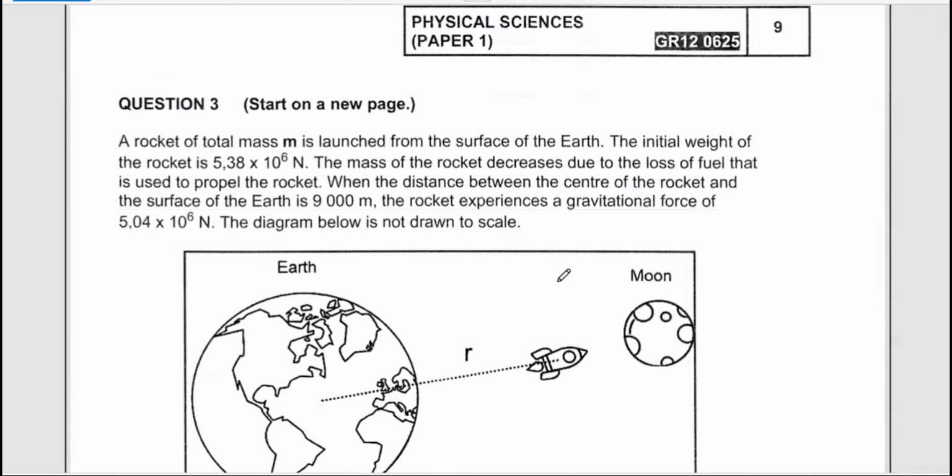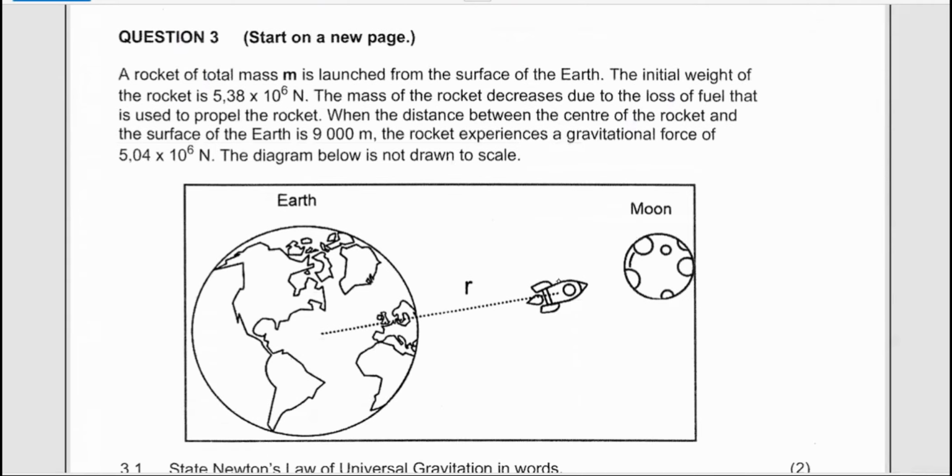Question number 3, a rocket of total mass m is launched from the surface of the Earth. The initial weight, remember we're talking about weight, is 5.38 times 10 to the 6 newtons. The mass of the rocket decreases due to the loss of fuel that is used to propel the rocket.